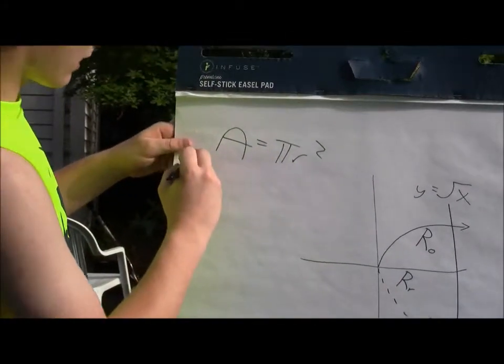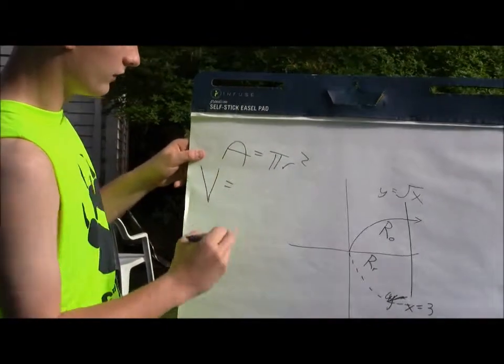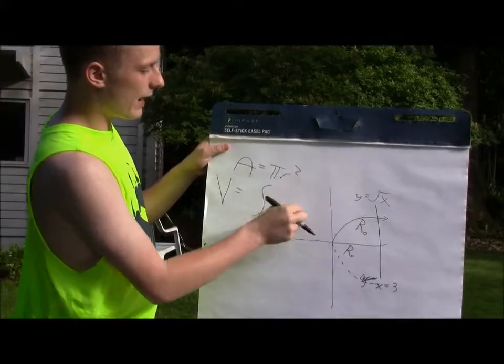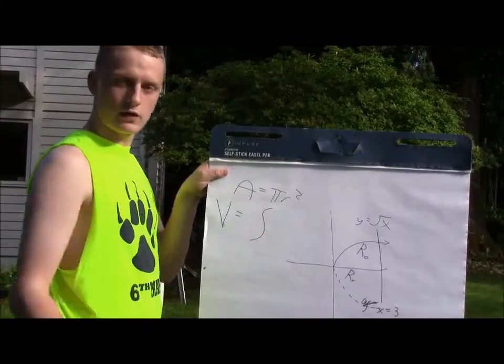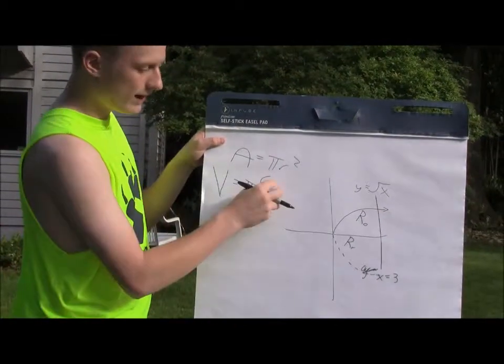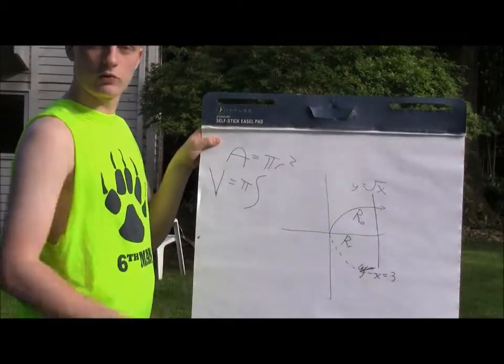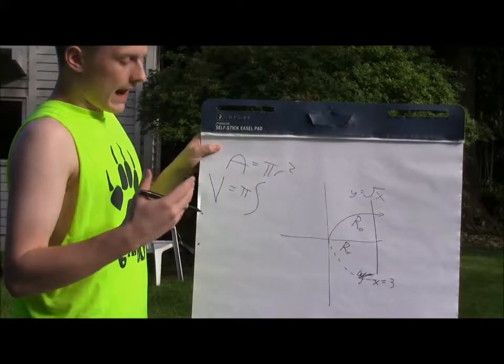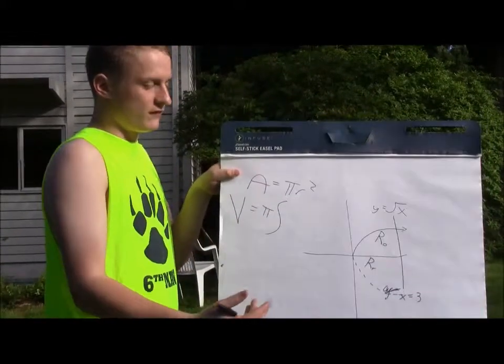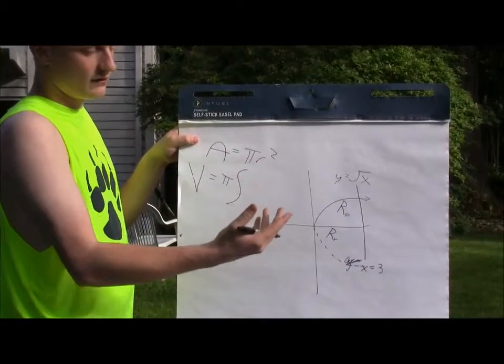So I'm going to write the volume as V equals some integral, and it's going to be the integral of pi r squared, but since pi is just a constant value, you can pull that out and put it outside the integral. So now all we have inside here is this r squared value. Now, the hard part is actually figuring out what the radius is of these circles.